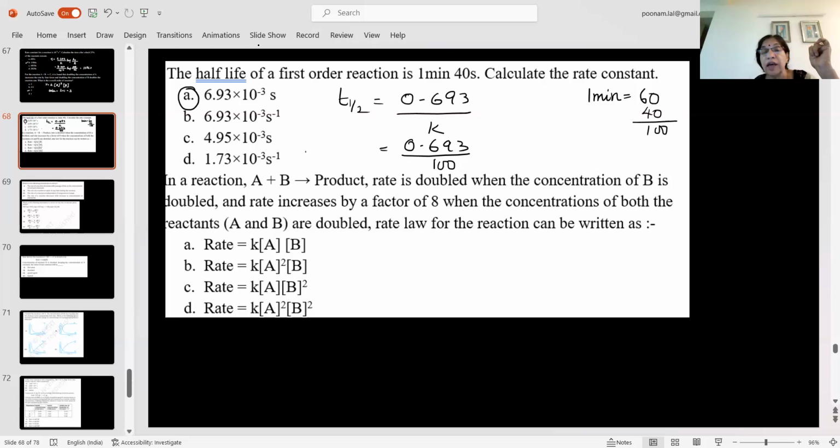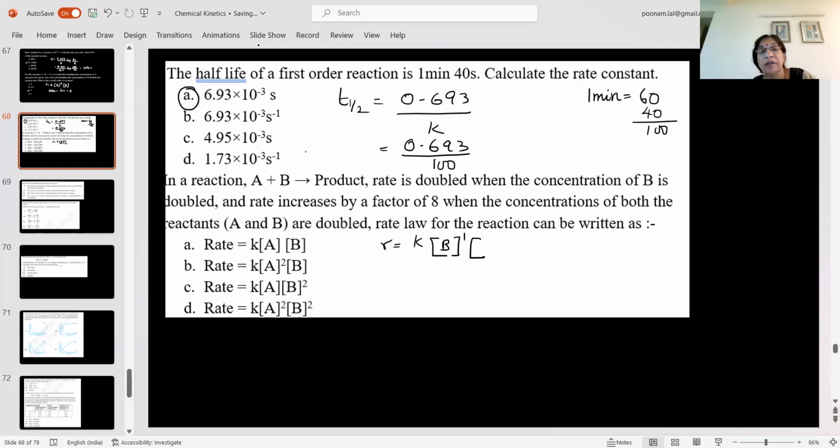The rate law for the reaction can be written as... So the rate is doubled when the concentration of B is doubled. So with respect to B, it is 1, right?